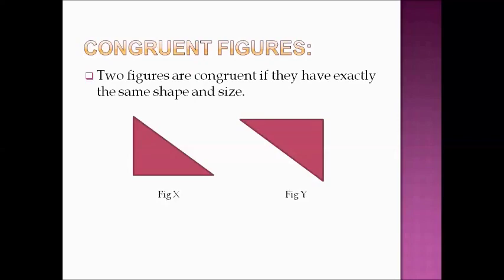So the first condition, which is very necessary, is that two figures must have the same shape and size. So these two triangles are congruent to each other as they have the same shape and size.